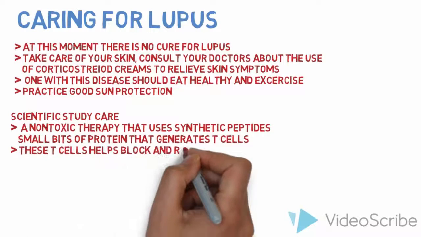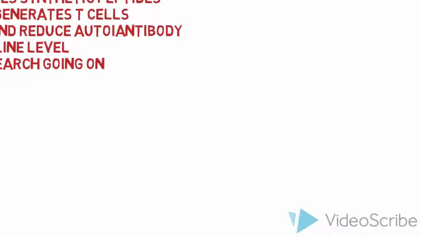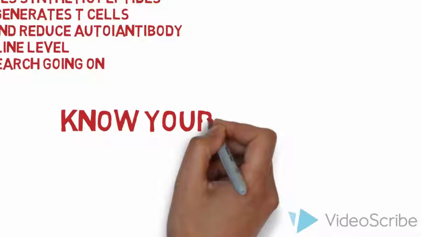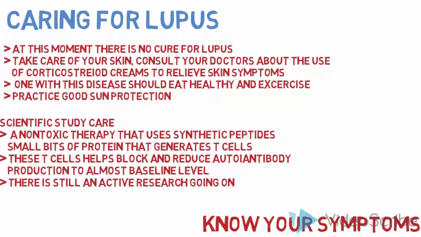And there has been a scientific study, CARE, a non-toxic therapy that uses synthetic peptides, small bits of protein that generate T cells, and these T cells help block and reduce autoantibody production to almost baseline level. And there is still active research going on to see if this non-toxic therapy can put lupus in remission for good.